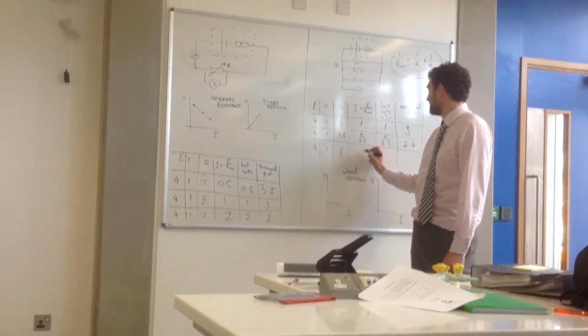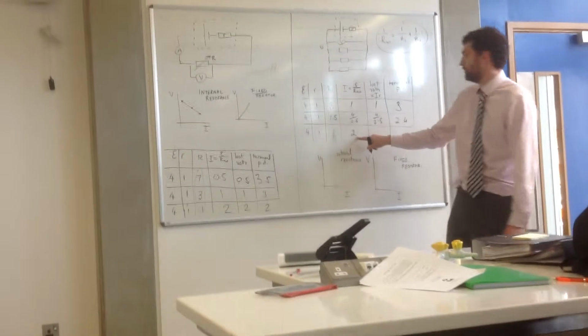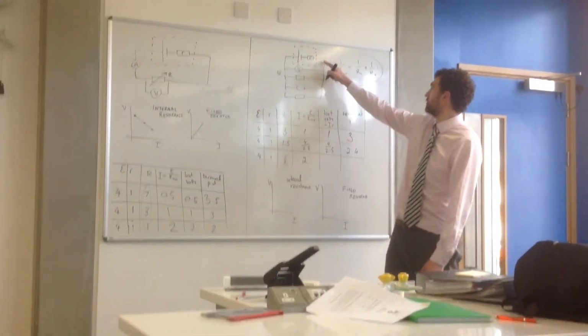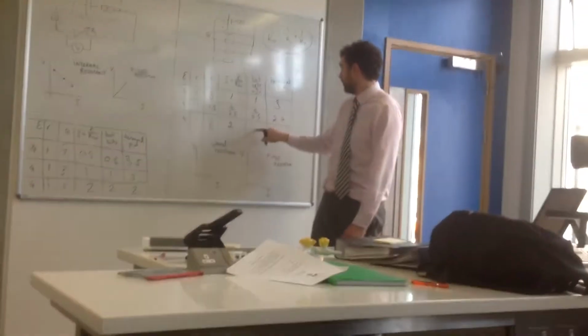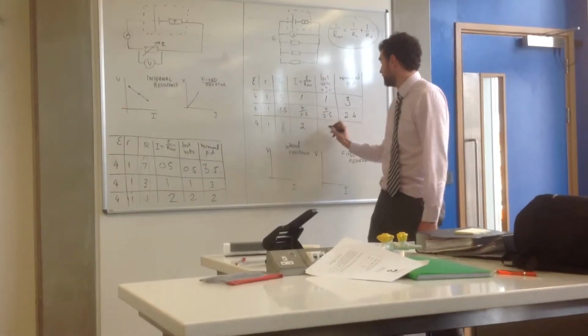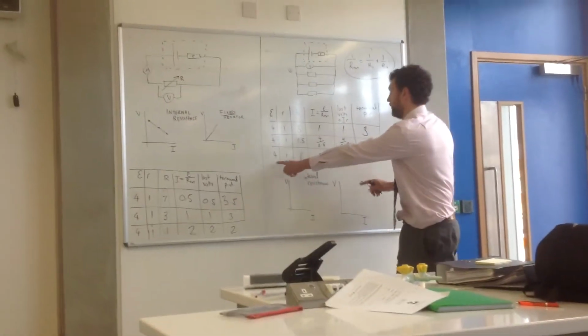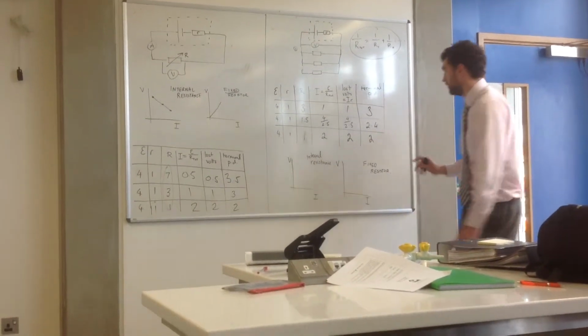So the current is going to be 4 over 2, which is 2 amps, total current in the circuit. So my lost volts is now going to be 2 times 1, which is 2. And now my terminal PD is going to be 4 minus 2, which is 2.